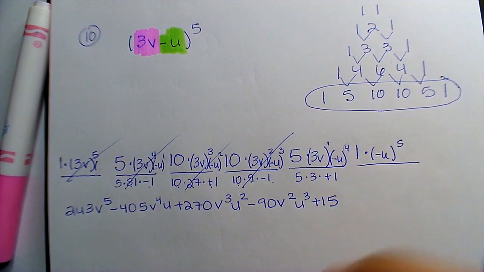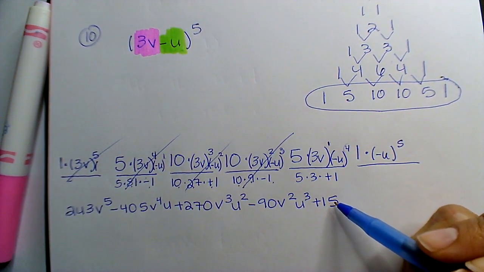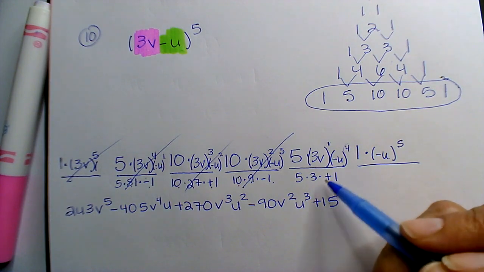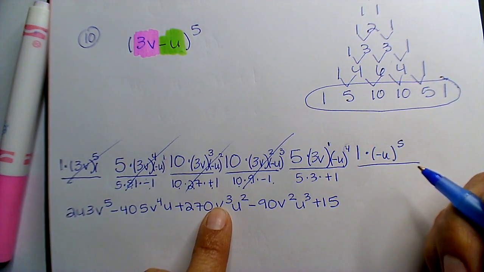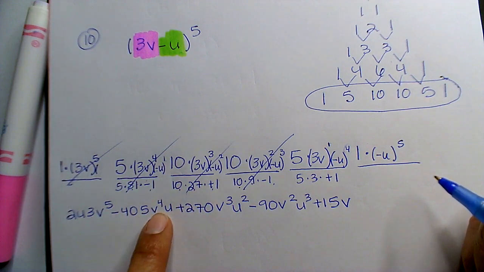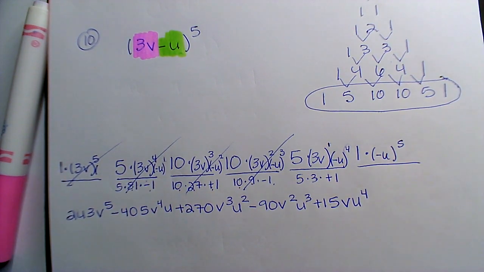Just be careful, because I'll have students that do this beautifully and all of a sudden they'll give me a 9. Your brain just goes, let's add. So just be careful. Now it's v1 and u to the 4th.